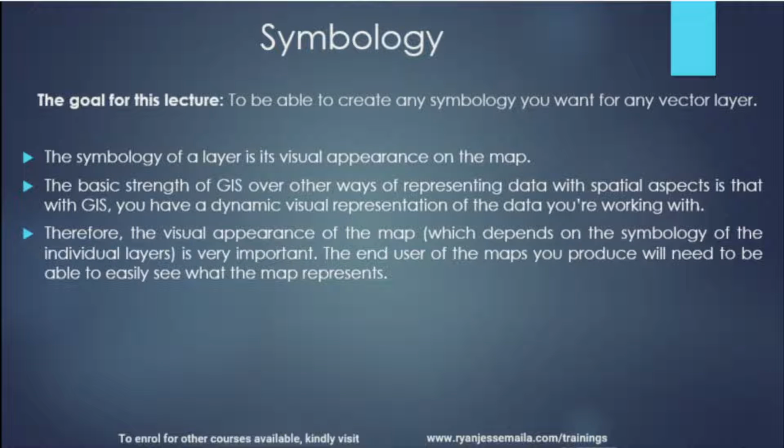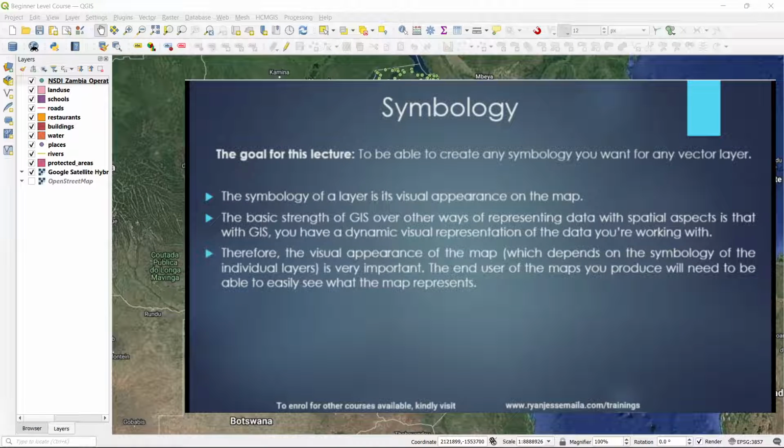Therefore, the visual appearance of the map, which depends on the symbology of the individual layers, is very important. The end user of the maps you produce will need to be able to see clearly what the map represents. By individual layers, this is what we mean.